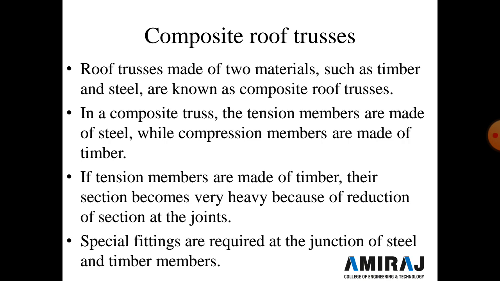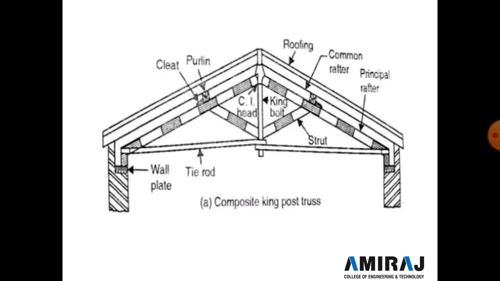In a composite truss, the tension members are made of steel while the compression members are made of timber. If tension members are made of timber, their sections become very heavy because of the reduction of section at the joints, and special fittings are required at the junction of the steel and timber members. Here is a composite truss, a king post truss, in this figure. Steel and wood, both materials, are generally used.